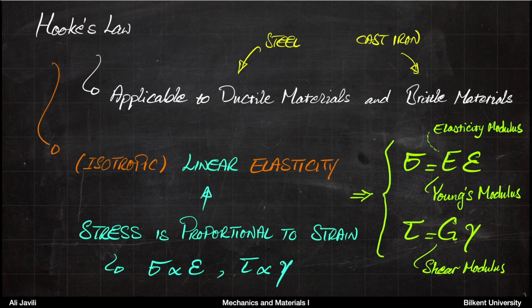And then you define these proportionality coefficients E and G, and we call E the elastic modulus or Young's modulus. We call G the so-called shear modulus.